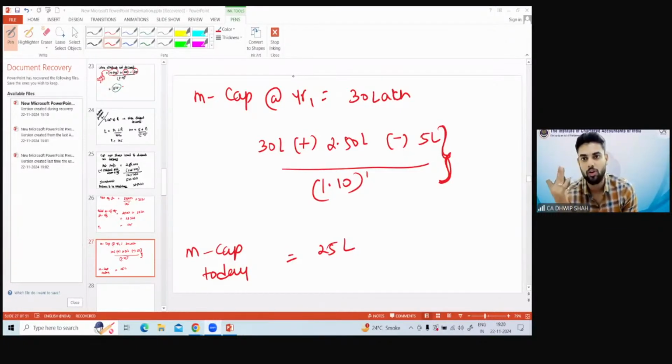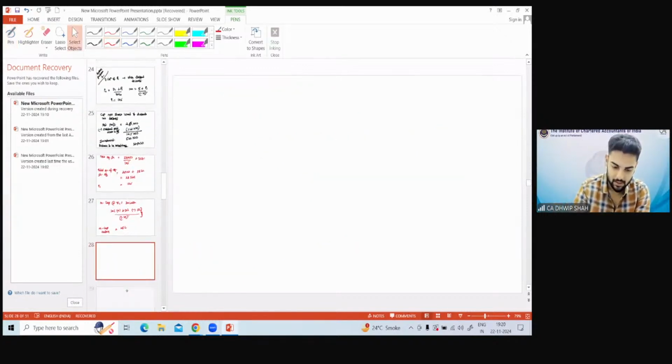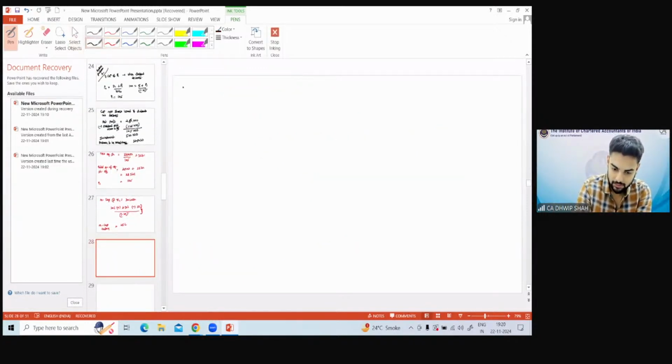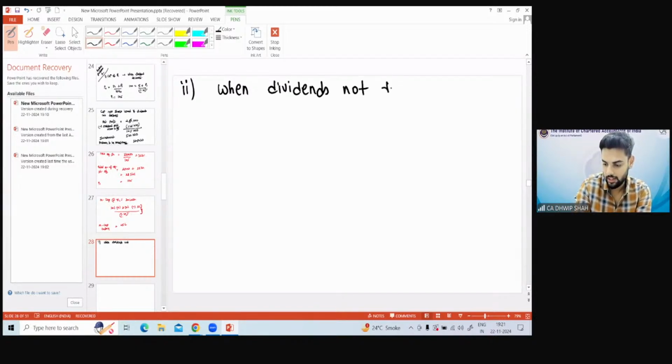Now let's move to another part of the story when dividends are not declared. Scenario 2: when dividends are not declared.